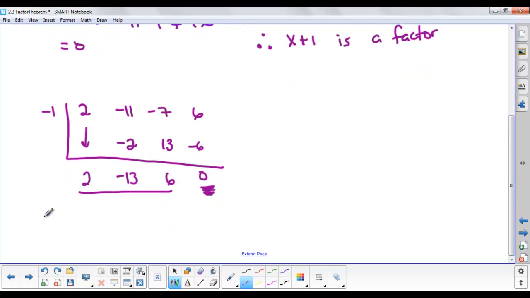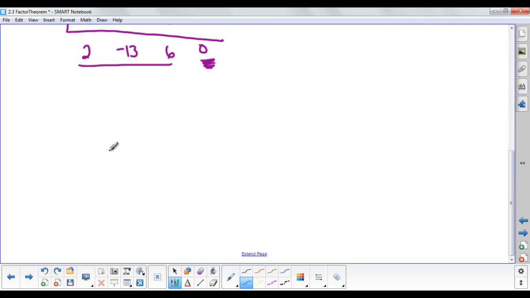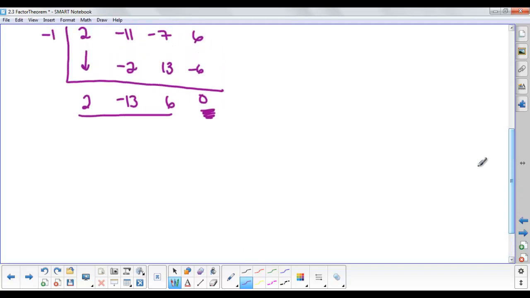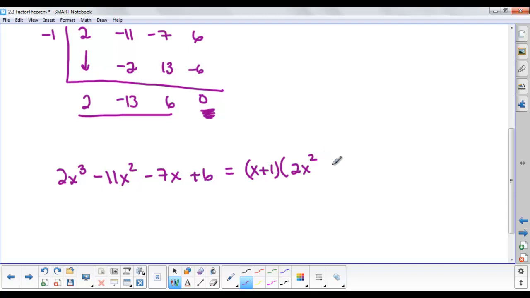And there's our quotient. So if we were to write this out in a statement, we would say that 2x cubed minus 11x squared minus 7x plus 6 is equal to our divisor, which was x plus 1, times our quotient, 2x squared minus 13x plus 6.